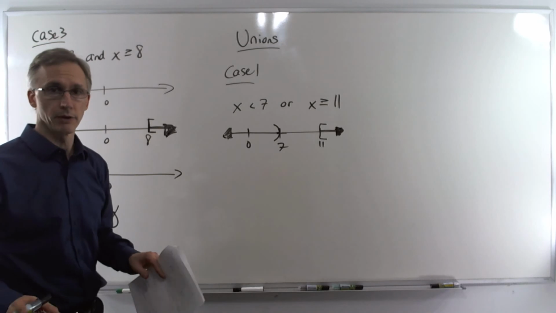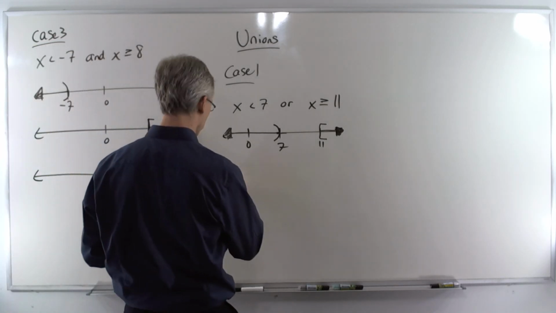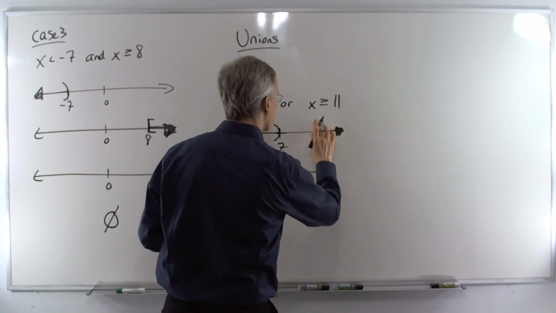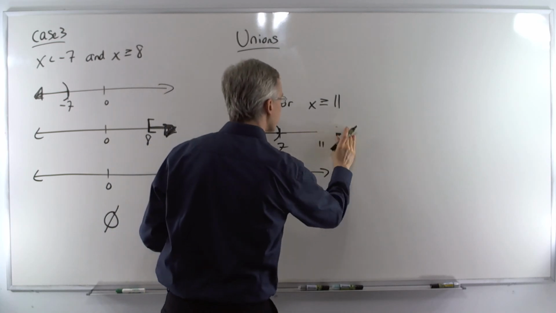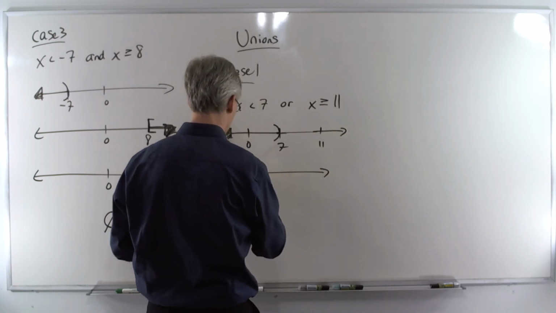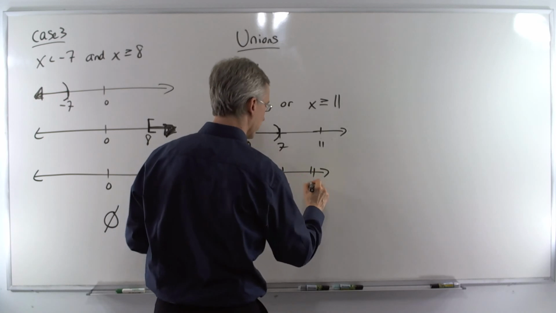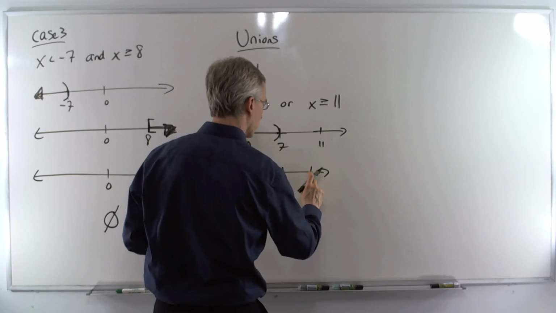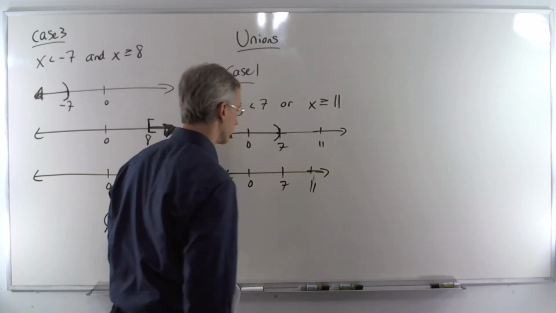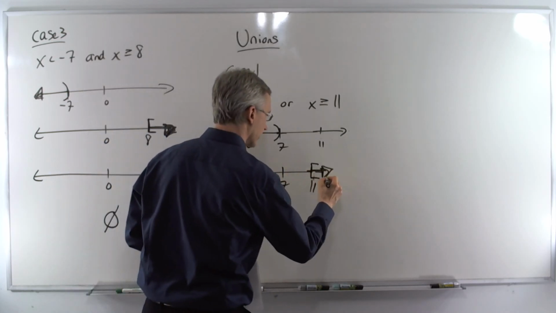Alright, now with these we don't need the overlap. To combine, oops, I really shouldn't have put those both on the same graph. A little mistake there. Let's get rid of that. Okay, so second graph, bracket all the way to the right.